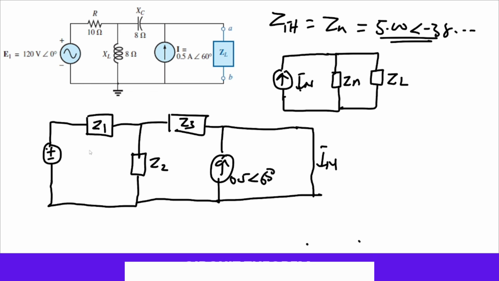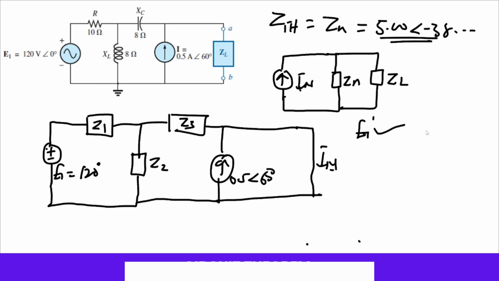So to be able to solve a question like this, all you need to do is to consider them individually by using superposition. So if E1 is acting alone, what will be the corresponding current at IN?